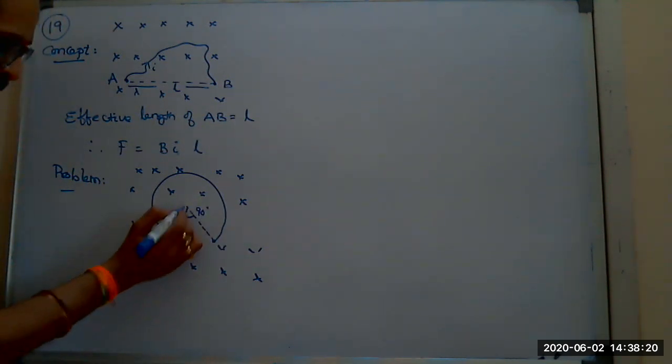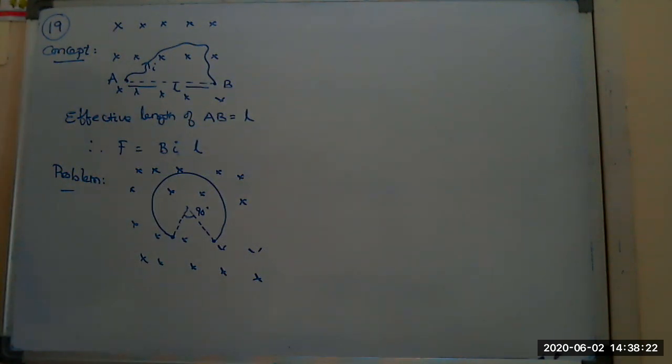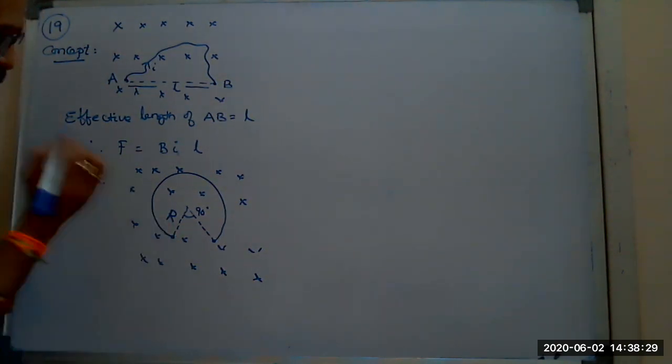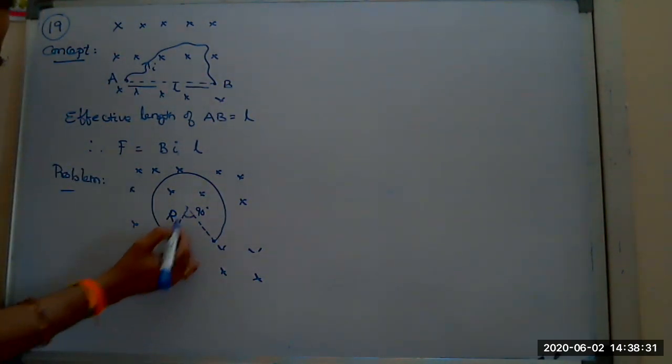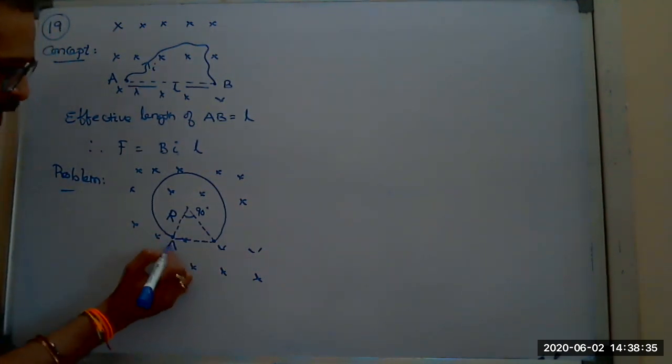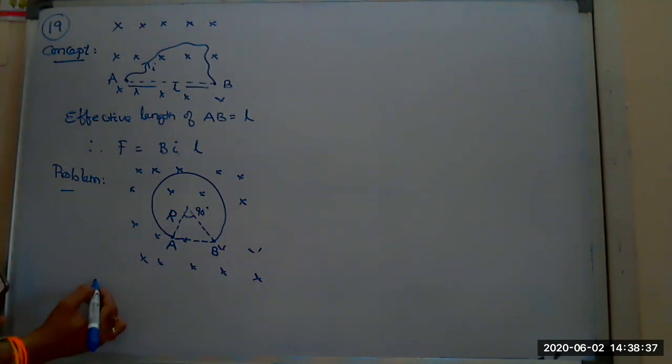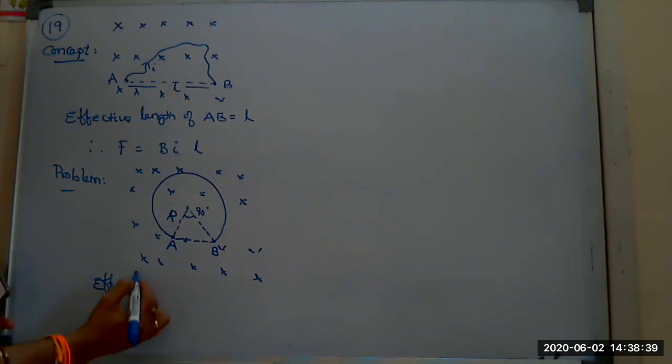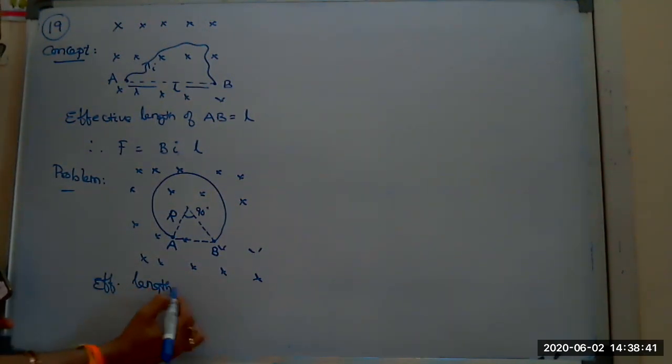The radius is given as r. Then it is r, that is r, and I require the effective length between a and b.